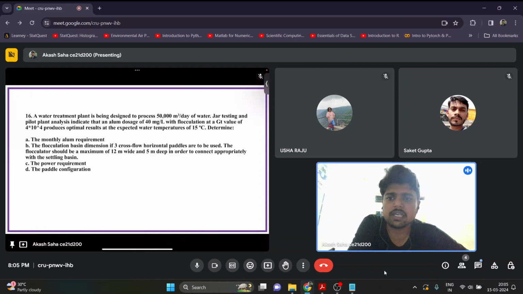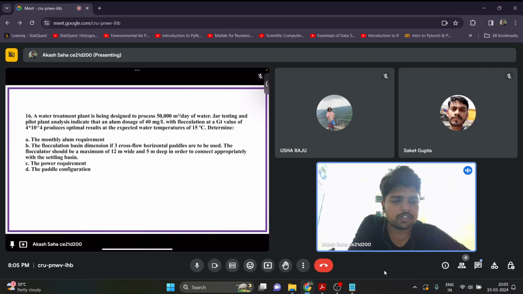The flocculator should have a maximum of 12 meter width and 5 meter depth, so the dimensions are also given. We have to also find out the power requirement and the paddle configuration.